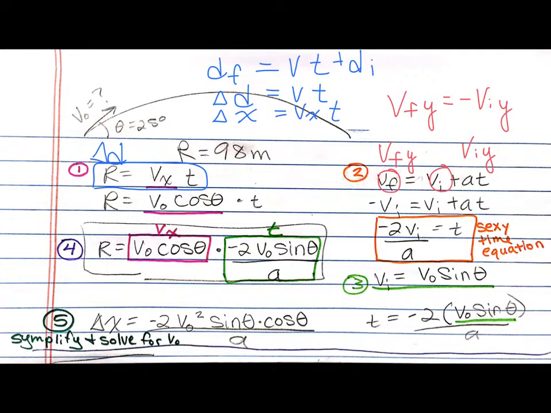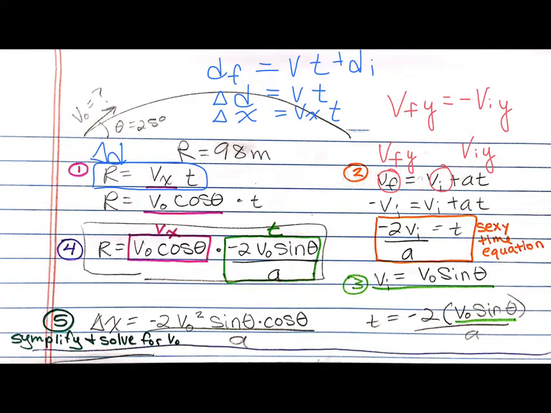So now I'm taking this entire term here and I'm plugging it in to my equation that I had here. So this is still my range, or my change in horizontal position, is equal to my horizontal velocity times time. So I've plugged in for my horizontal velocity V naught cosine theta, and I've plugged in for my time this whole piece that I solved using the sexy time equation up here.